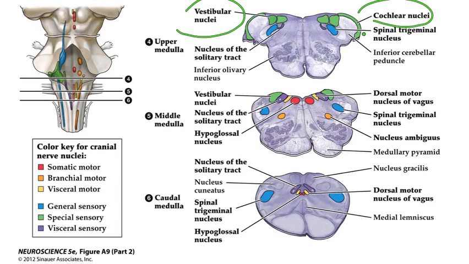We're continuing to progress through the caudal medulla, so we would expect to see the spinal nucleus of the trigeminal complex, which we have here in this blue shape. It's extending all the way down through the medulla, and in fact will seem to merge with the upper part of the spinal cord as the spinal nucleus of the trigeminal complex merges with the dorsal horn of the spinal cord.